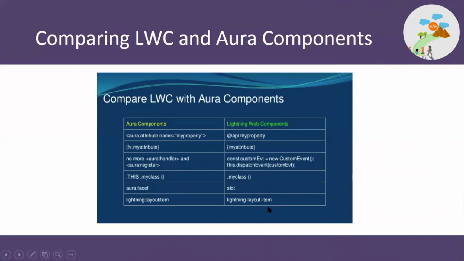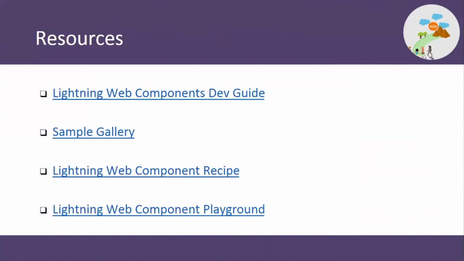There will still be subtle differences, but you can use your Aura components or the earlier existing Lightning components within your Lightning web component development. So of course, a little bit of a learning curve over here, but it's not going to be a steep learning curve. It's going to be easy for most of us to adopt. And with that, I think I come to an end of the session.